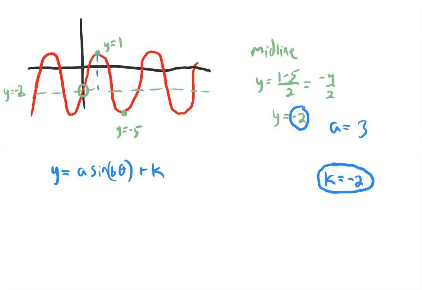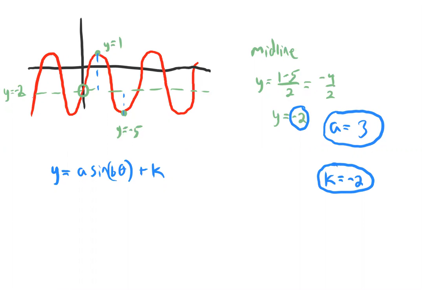So if it was moving down from the origin, then it would be -3. So a is going to be 3 here. And you could also say it's going to be 3 from -2 to -5 is also 3. So a is always the distance from your midline to your highest point, or the distance from your midline to your lowest point. But remember, it could be negative, depending on what the graph does from the y-axis.